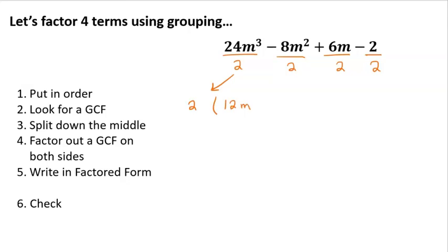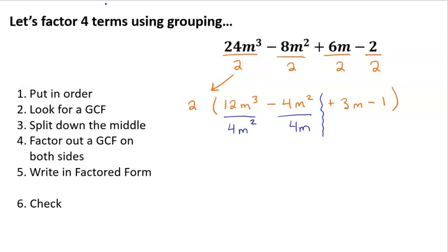So all of these are being divided by 2. Now from here, I'm going to split what I have in half. So I got rid of my GCF, and now I'm splitting out what I had. So now from here, I'm going to take my GCF of this side. I know 4 goes into both of these, and then both have m's.